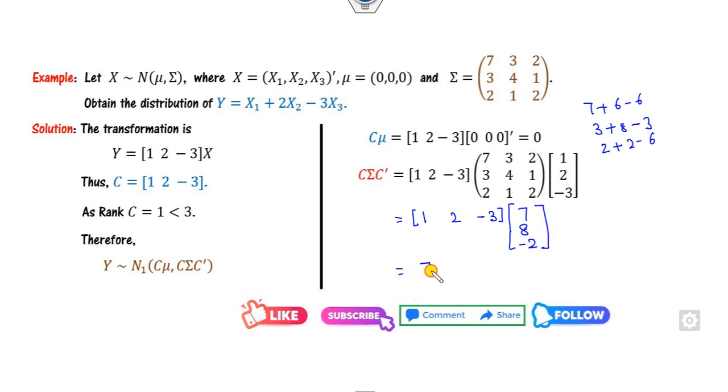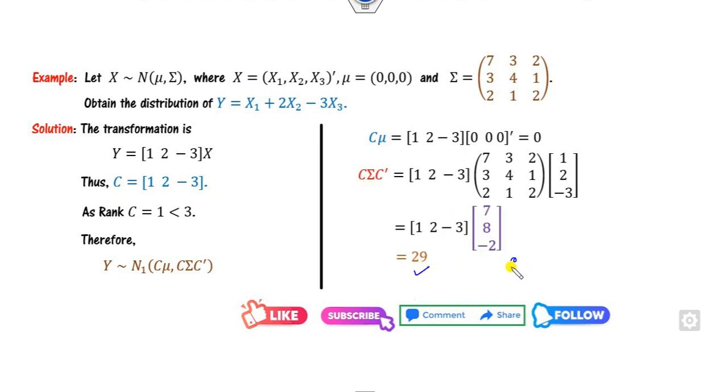Now you can multiply them: 7 plus 16 plus 6, so it will be 29. So C sigma C transpose will be 29. Therefore y will be a normal distribution with mean 0 and variance 29, which is the right answer of this problem.